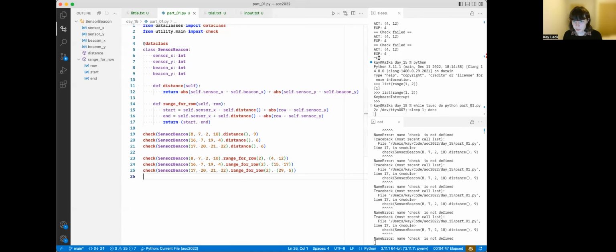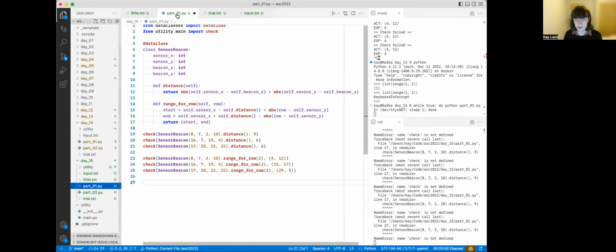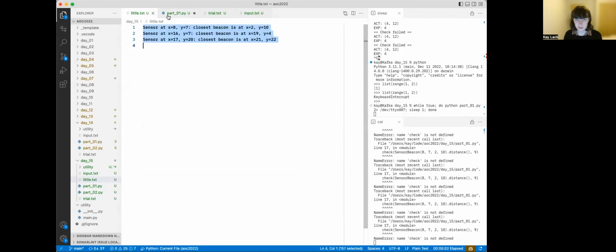Great. Okay. Brilliant. So I've made my sensor beacon. Now I'm going to munge the input of the trial file. I'm going to start with the little.